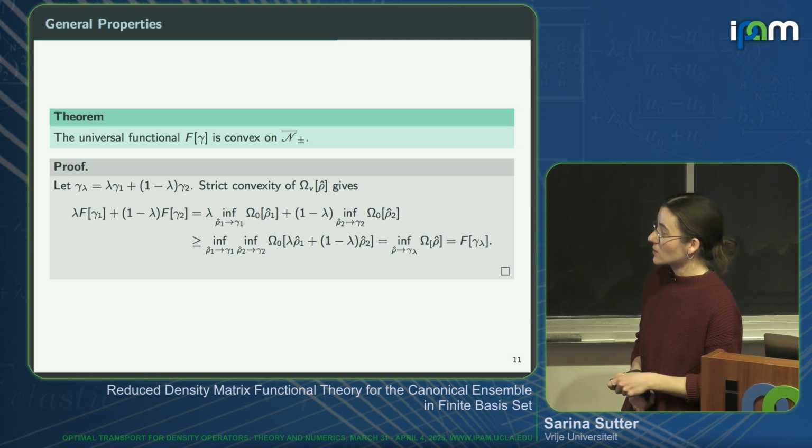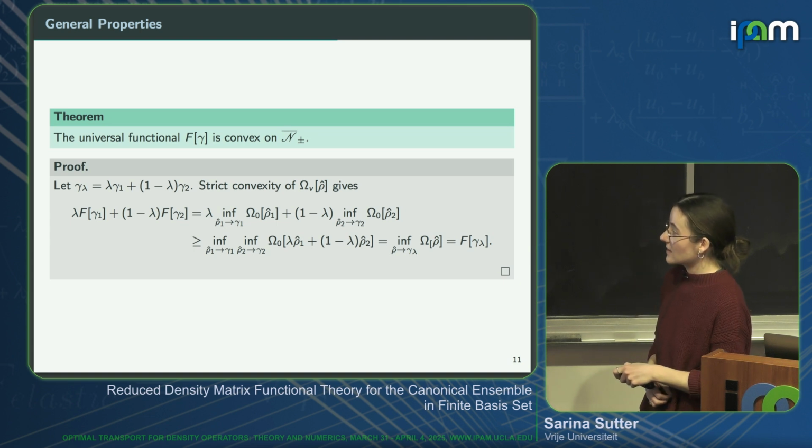Maybe I should mention we do not get strict inequality here because of the infimum. In principle, if we didn't have this infimum, we would get a strict inequality. But because of the infimum, we only get this inequality here.